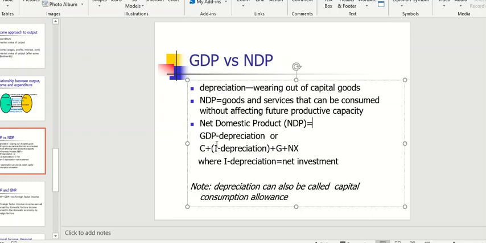Well, by the way, in this course, when we say investment, unless you are otherwise told, we mean gross investment. So that means it hasn't been adjusted for depreciation. Once we adjust for depreciation, that's called net investment. So consumption plus net investment plus government purchases plus net exports, that will give us the net domestic product. So that's the first adjustment.